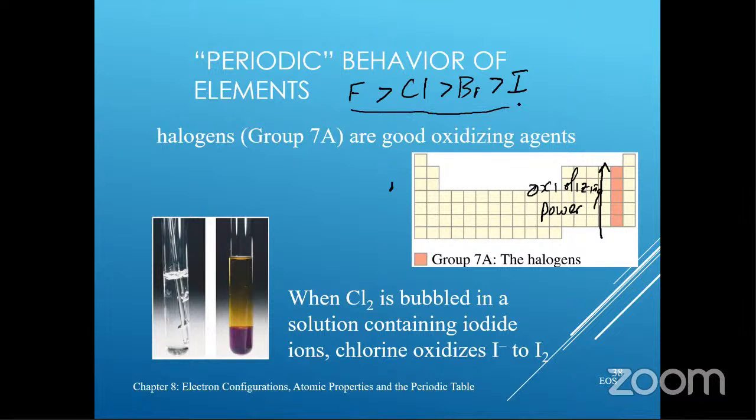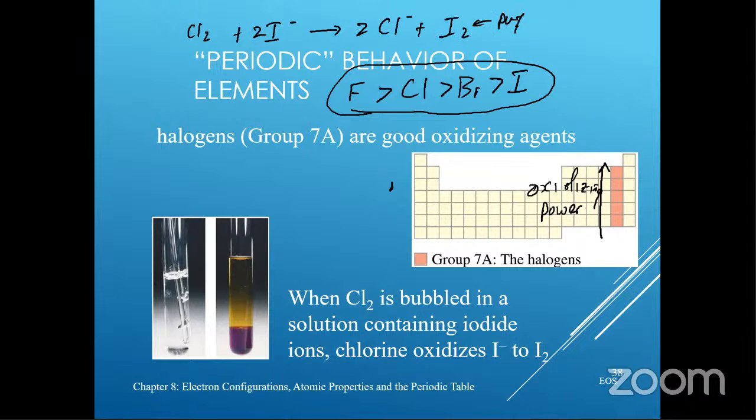And this is useful for making predictions of certain reactions that would take place between the halogens. So an example is shown here. Now, in this test tube here, you have a solution which contains the iodide ion, all right? And what they did here is that they bubbled some chlorine into it, so Cl2 gas. And basically what will happen is that the chlorine will oxidize the iodide to form I2, which has a purple color, all right?